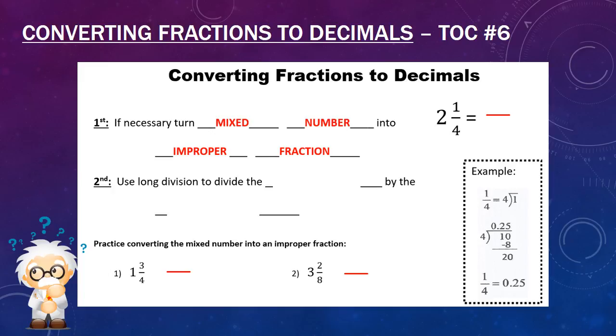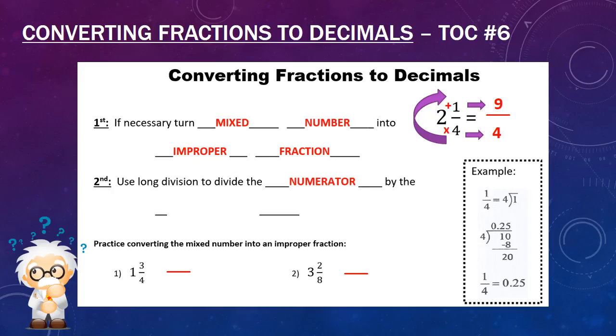So just to refresh your memory, when I'm given a mixed number, I like to call it the magic C. You're going to draw a C, and you're going to multiply the denominator times the whole number, and then you're going to add that product or answer to your numerator. So in this example, 2 times 4 is 8 plus 1 gives me 9. And then you just slide your denominator right over, it doesn't change.